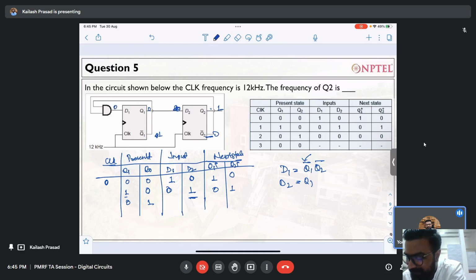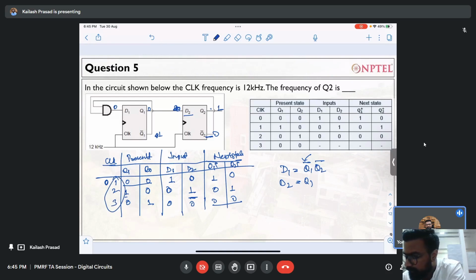And this d2 is already 0, so it is 0 and 0. The next state will be 0 0. So we started with 0 0 and we came back to 0 0 in 3 clock cycles. In 3 clock cycles we have come back to the initial state.